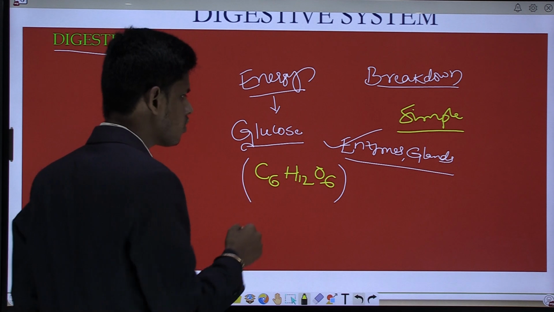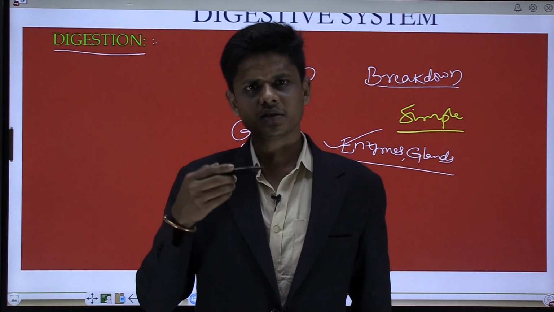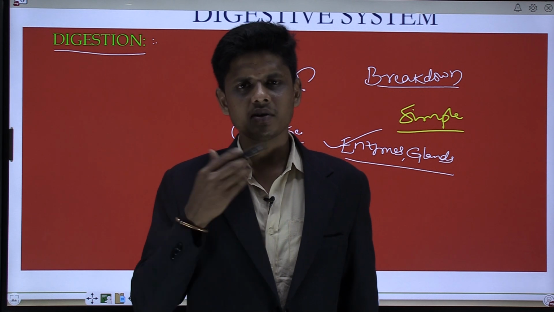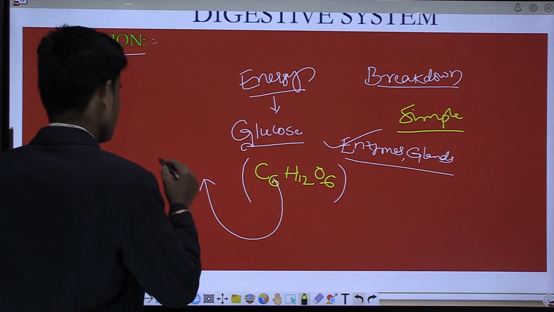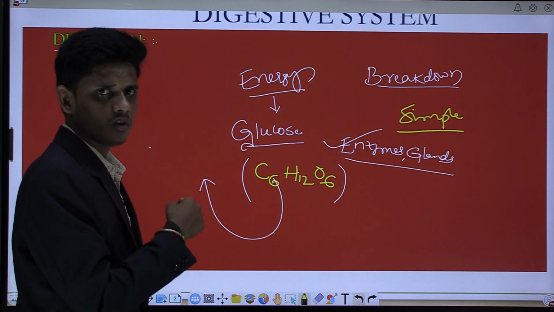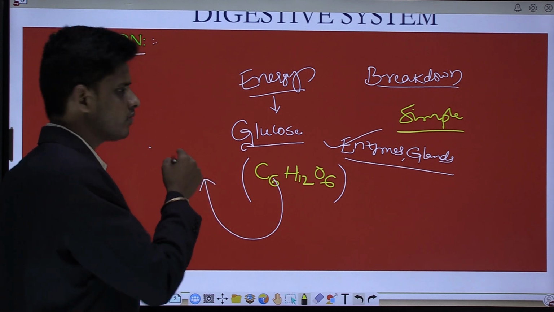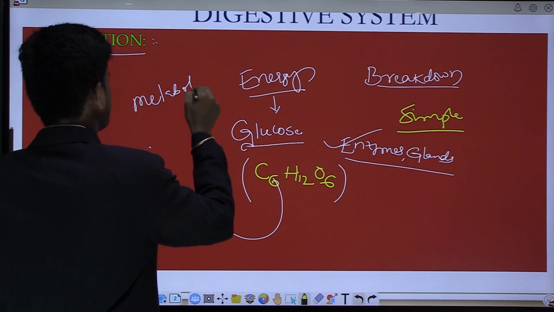This glucose is used by our body and it is supplied to every cell in our body. Each cell utilizes this glucose, and it is useful for the conduction of the metabolic activities in our body.